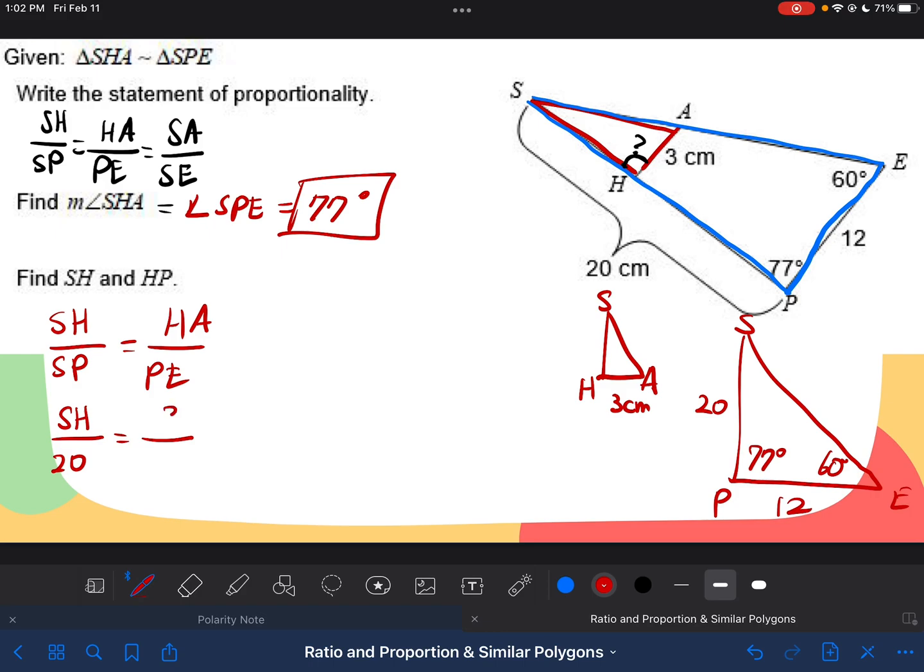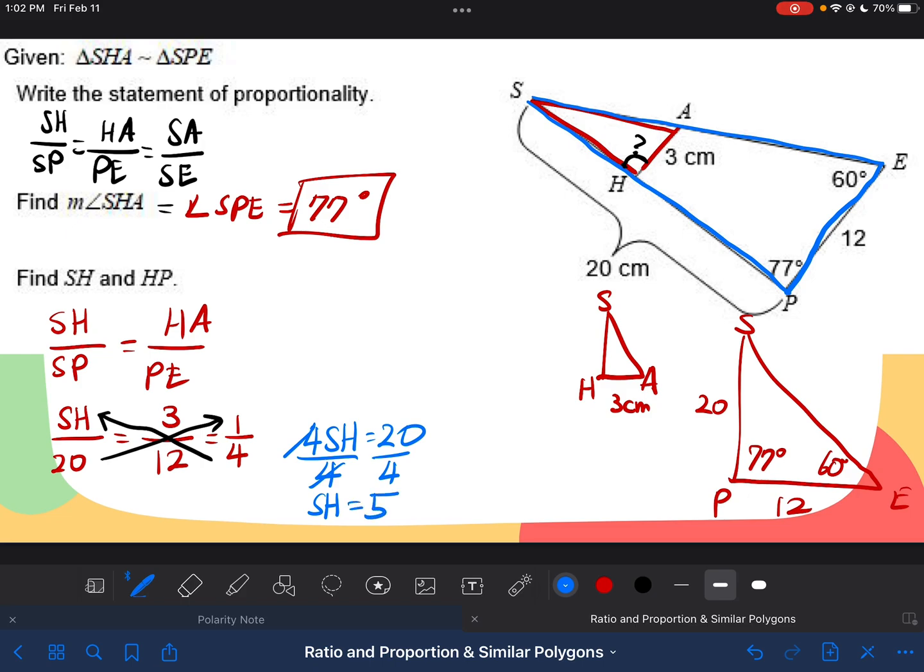HA is 3, while PE is 12. So all I'm going to do is make sure that these all equal each other. So we have 1 over 4. If I crisscross it, just like how we did on the previous one, it becomes 4SH equals 20. But we're just looking for SH, so I'm going to divide by 4. So SH is equal to 5 centimeters, because the unit is given here.